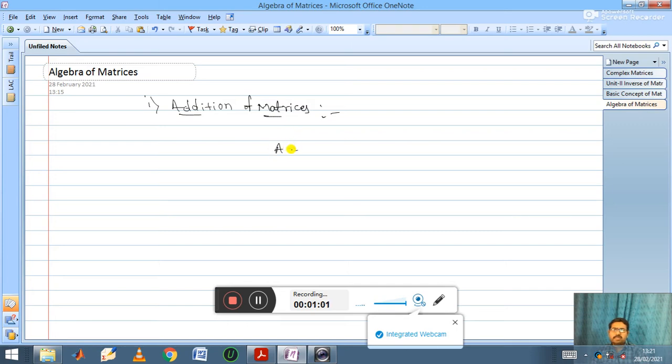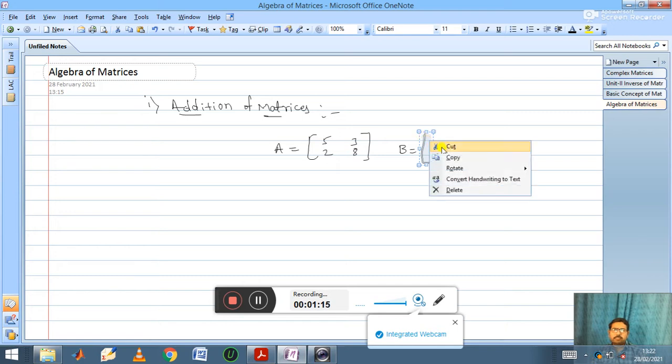Let us take matrix A equals 5 3 2 8, and another matrix B of the same order, 5 10 4 5.